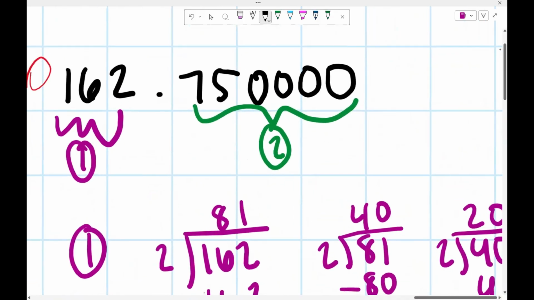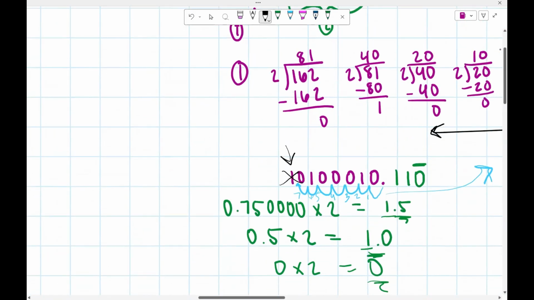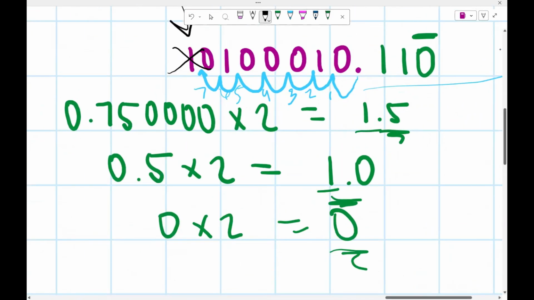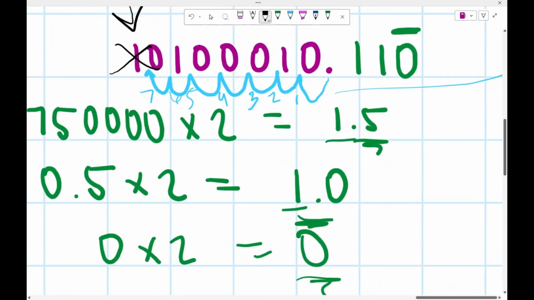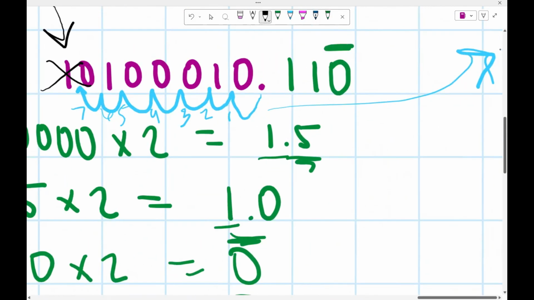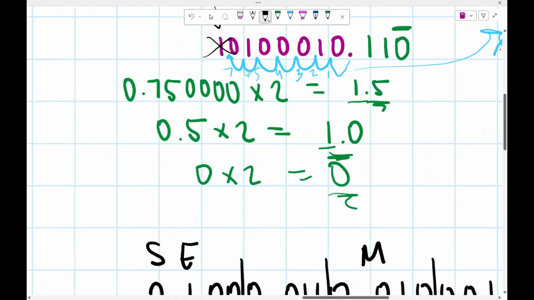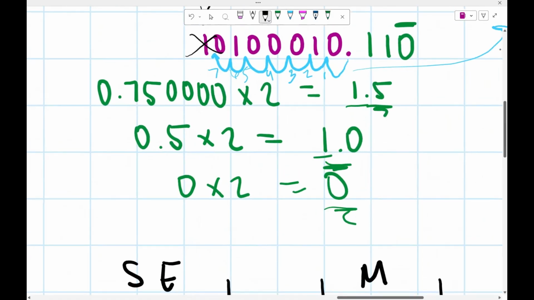Then I went ahead and took the decimal, and I did the same thing where I just multiplied it by 2 every time, and the first bit before the decimal is the bit I wrote down following our whole number in the mantissa. So 0.750000 times 2 is just 1.5.